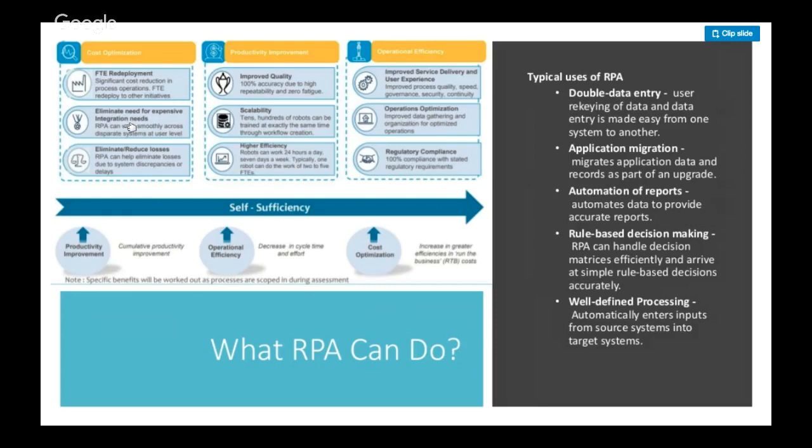Or you are doing monitoring, let's say, where if a particular job fails, then you need to send a mail to someone. These kinds of tasks can be automated using an RPA tool. But in all of these, the key thing is that these steps have to be well defined.